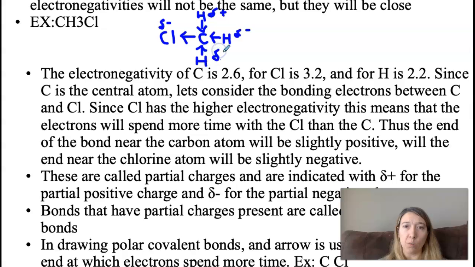Okay, our carbon's a little wonkier because with respect to the hydrogen, sorry, I put negatives and those should be positives. So the carbon's a little bit wonkier because with respect to the hydrogens, it does have that partial negative. But with respect to the chlorine, it has a partial positive.